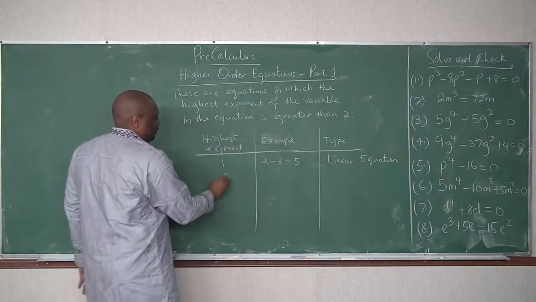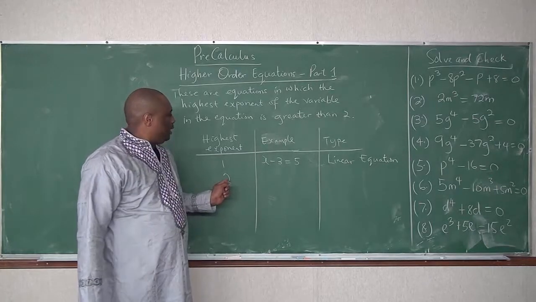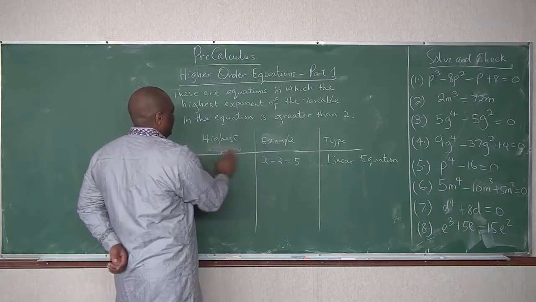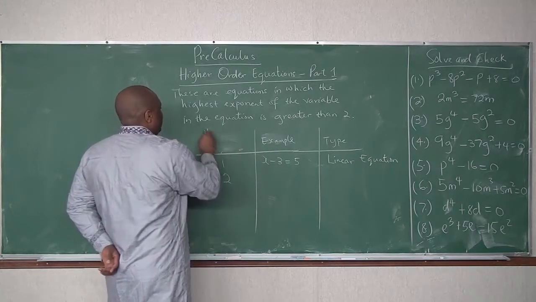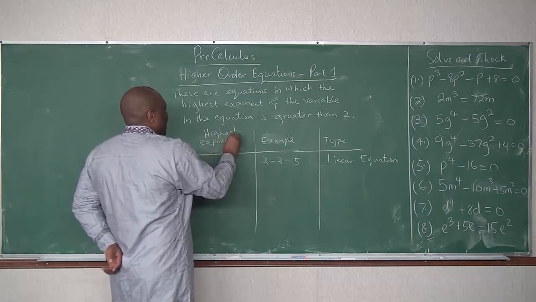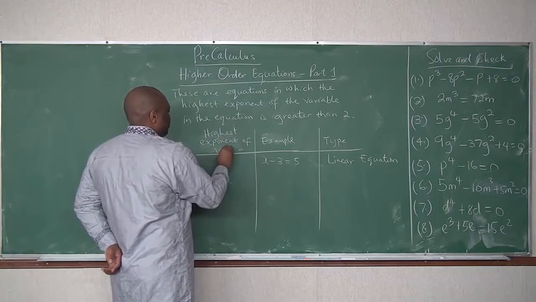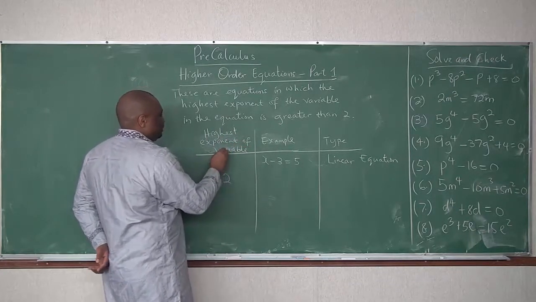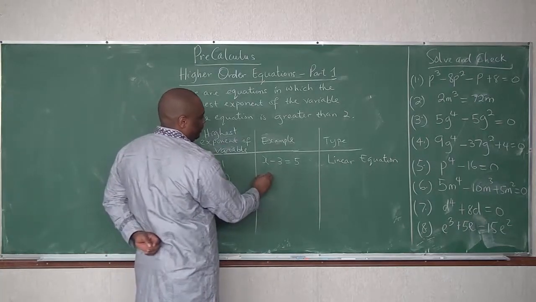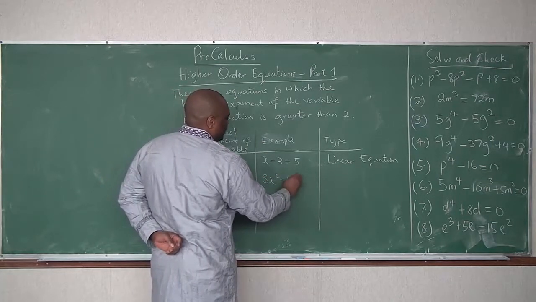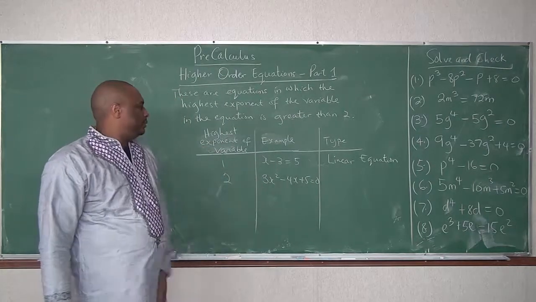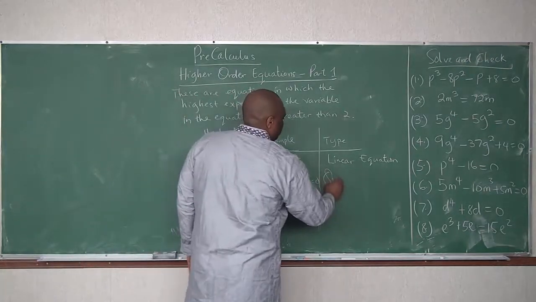If the highest exponent of the variable, or highest degree of the variable, is 2, for instance, if you have 3x squared minus 4x plus 5 equal to 0, then this is a quadratic equation.